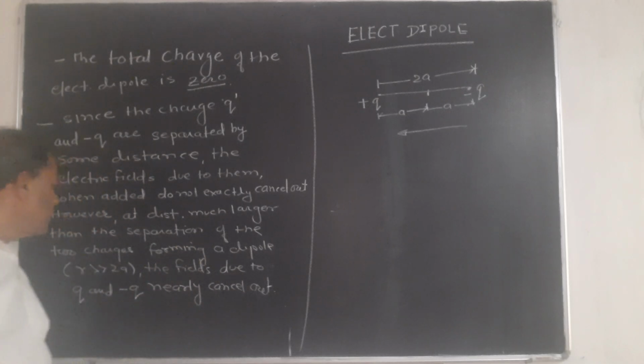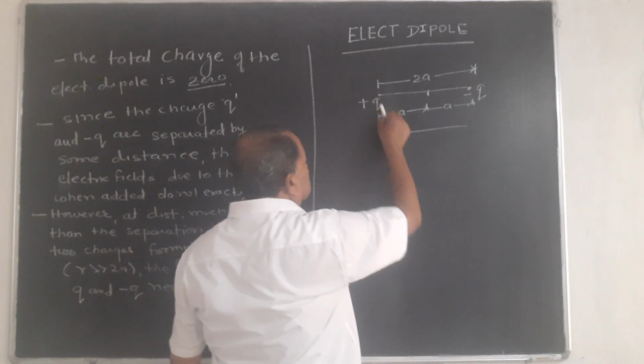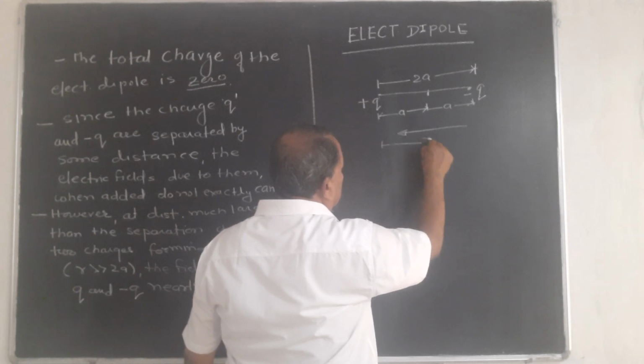And see the third point. However, at distances much larger than the separation of the two charges forming a dipole, the fields due to q and minus q nearly cancel out. This distance is r.